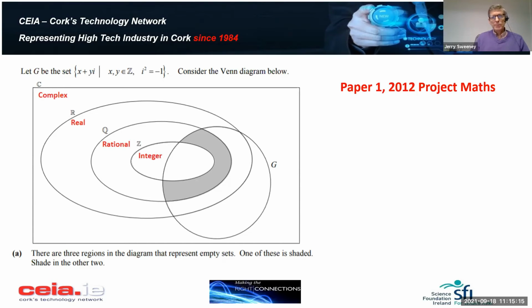The first part of the problem was that there are 3 regions in the diagram that represent empty sets. One of these is shaded, and you must shade in the other 2.